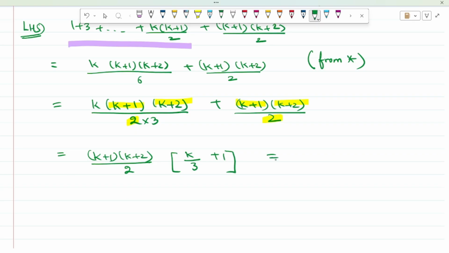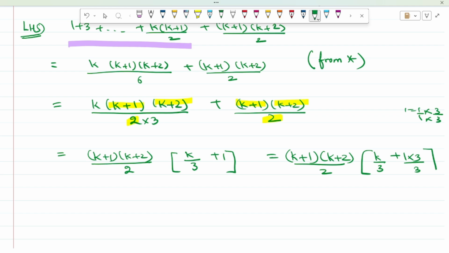Now let's take the LCM over here and make the denominator the same. So it's k over 3, plus 1 times 3. Here 1 can be written as 1 over 1, then I'm multiplying up and down by 3. That's what I'm doing over here.